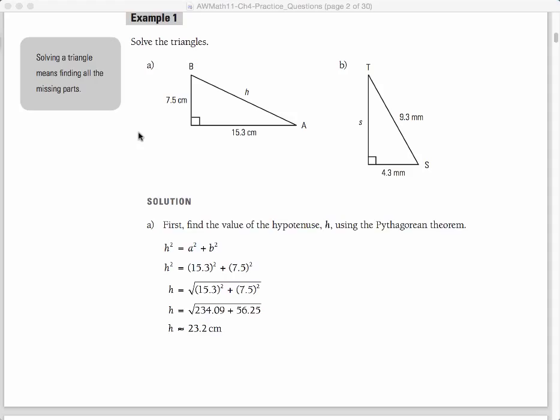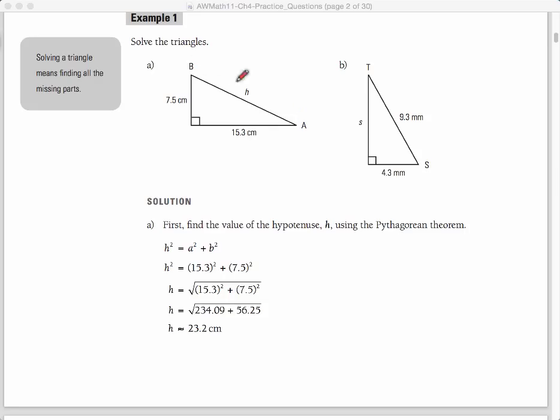Example 1 is talking about these two triangles. And notice that we're given two sides of the triangle in both cases, and it's asking us to find in one case h and in the other case s. So we're thinking here of using the Pythagoras theorem, and that's where this squared plus this squared equals this squared.